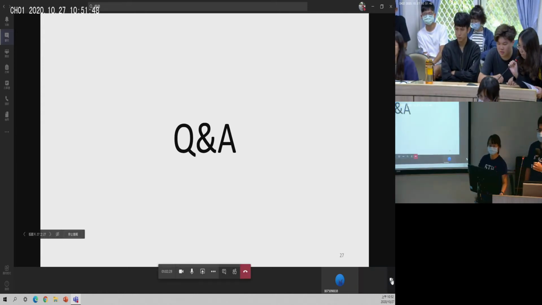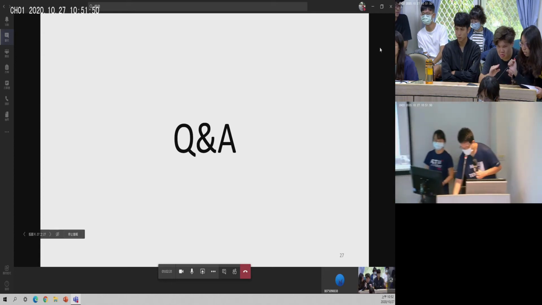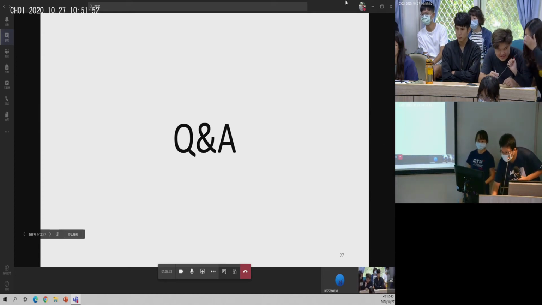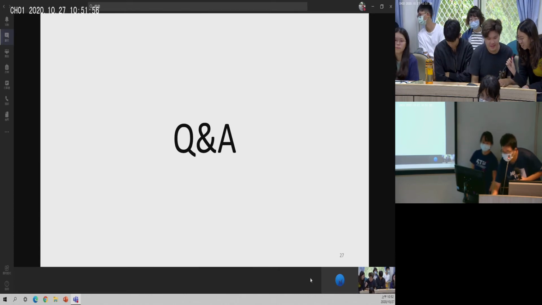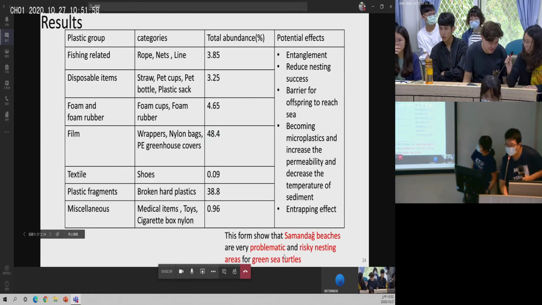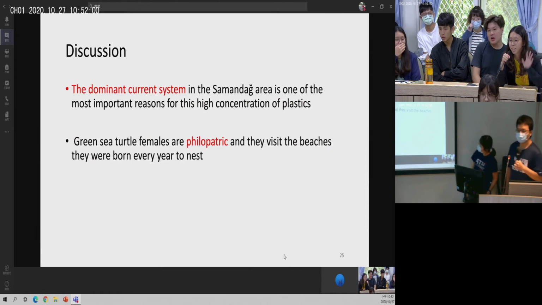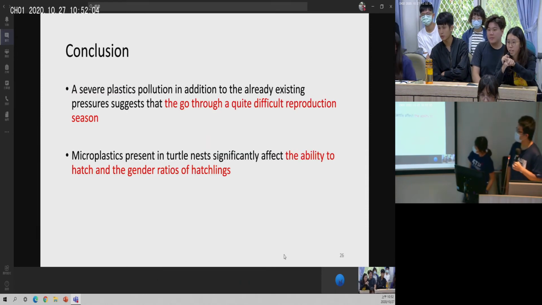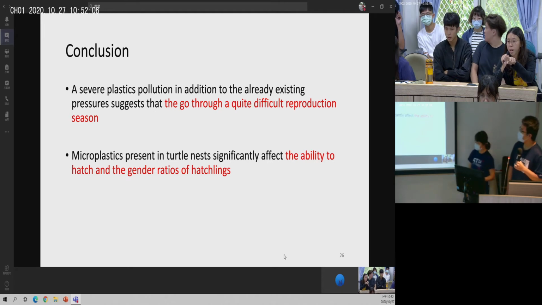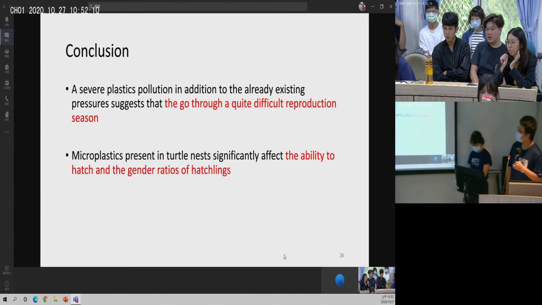Can you go back to your discussion? And next page. And the point two, you say the microplastic present, but in your method, did you measure it?